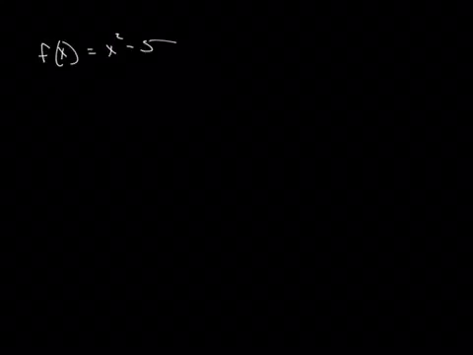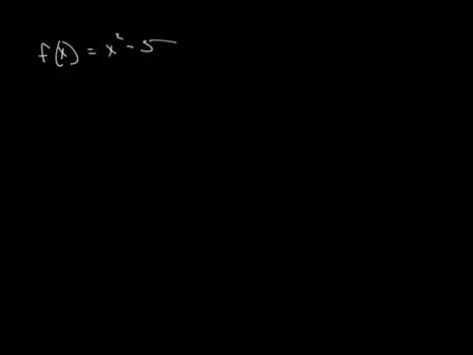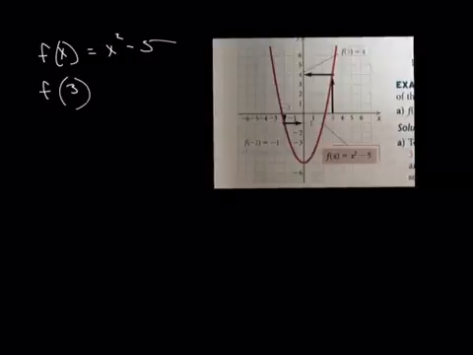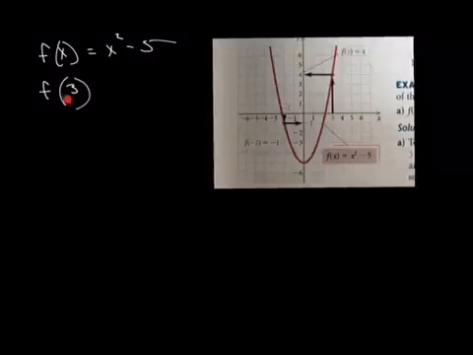Now let's go down to 6. It says, for the function f of x equals x squared minus 5, use the graph to find each of the following function values. So it wants to find f of 3. If you look at the graph on the left-hand side of the page, we're going to look at 3. 3 is the x value, right?